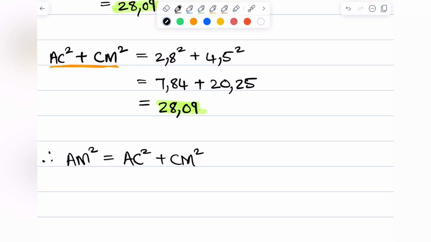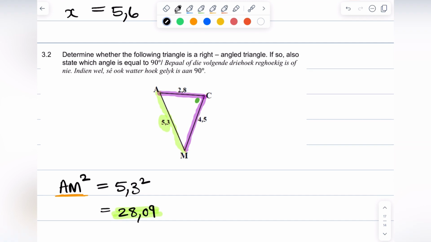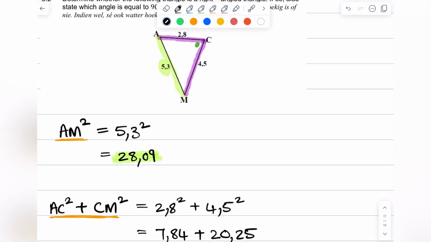And now I can say Pythagoras. In that same line, I will use the reason Pythagoras because I have now proven it. The equation that I've constructed here is the equation of Pythagoras. It is proving the theorem of Pythagoras for this particular triangle.